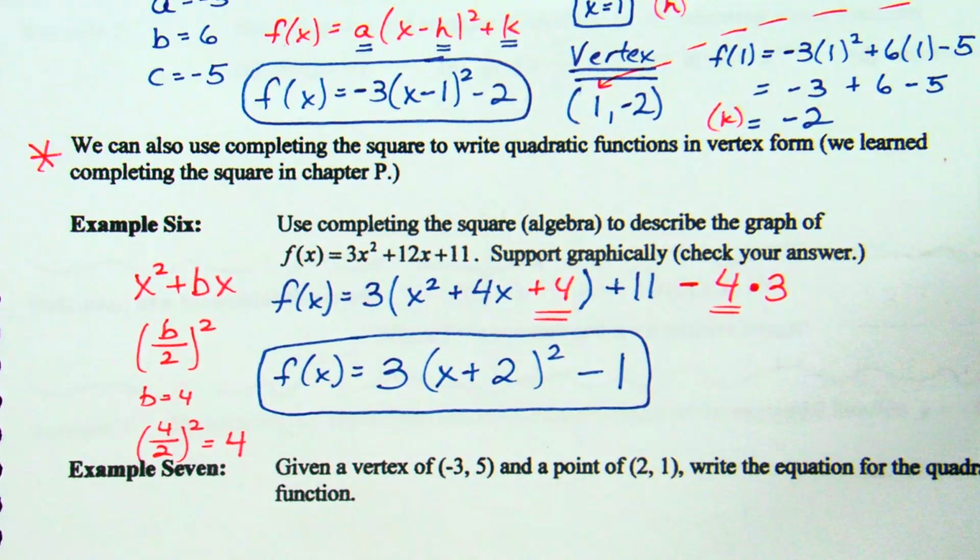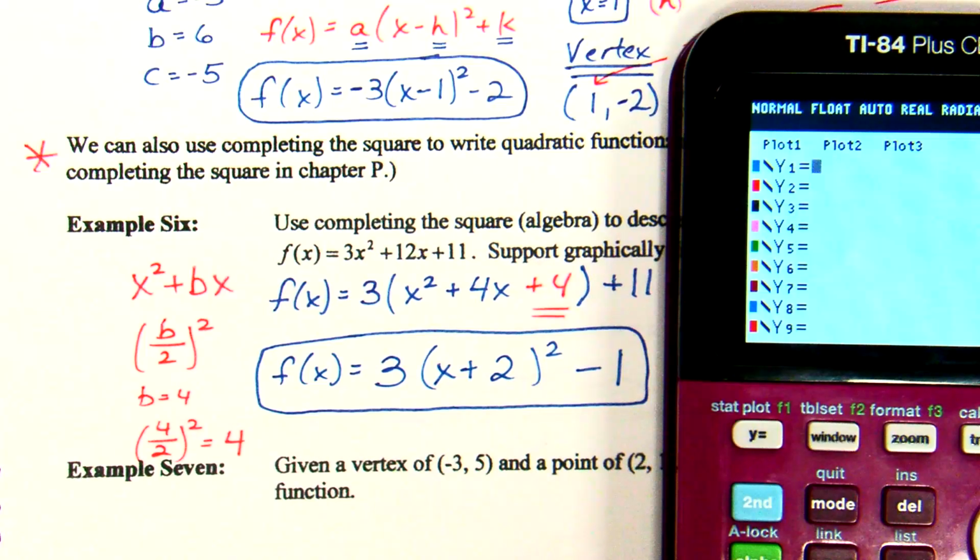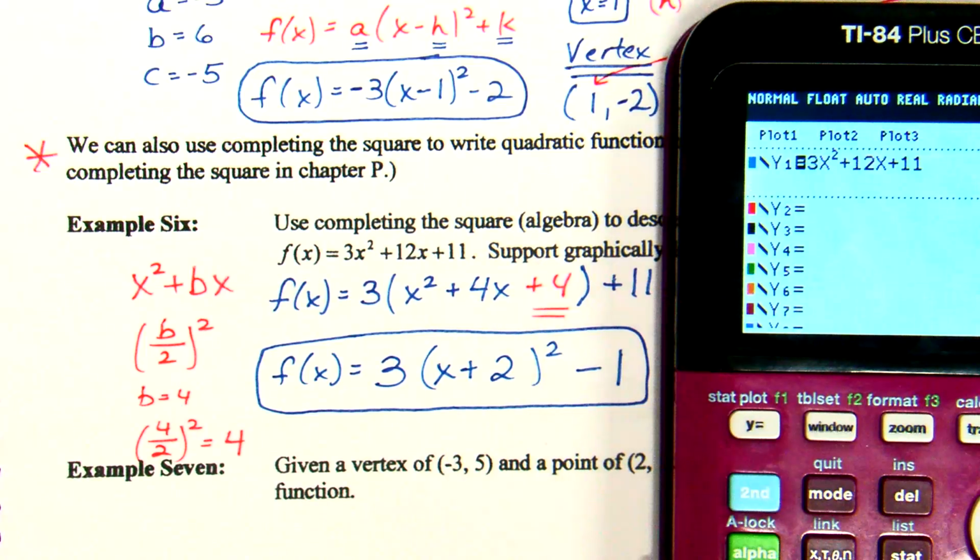You might need to go in and turn plot 1 off if you haven't done that. Mine was still on. So my y1, I'm going to type in 3x squared plus 12x plus 11. My y2, I'm going to type in 3 parentheses x plus 2 parentheses squared minus 1.